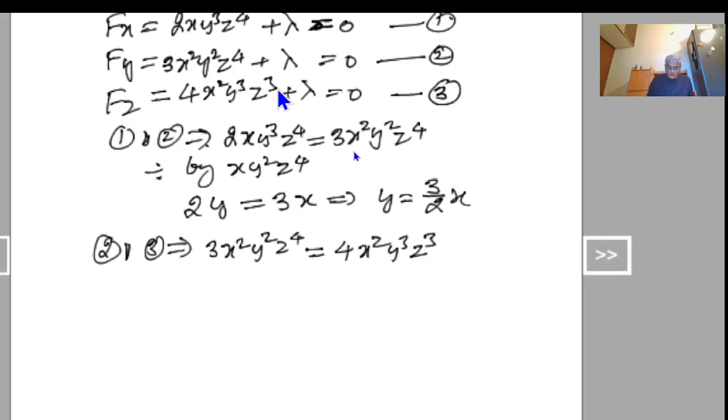So here if I divide this throughout by x square, y square, and z cube.